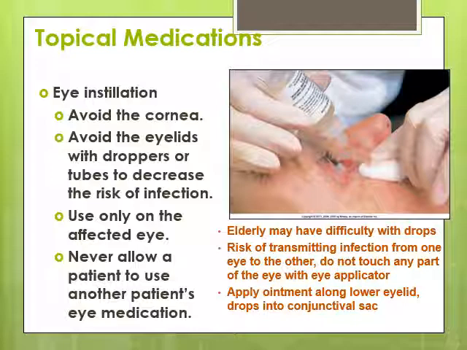Never allow a patient to use another patient's eye medications. Elderly patients may have difficulty with drops, and there is a risk of transmitting infection from one eye to the other eye. Do not touch any part of the eye with eye applicator. Apply ointment along lower eyelid, drops into the conjunctival sac.